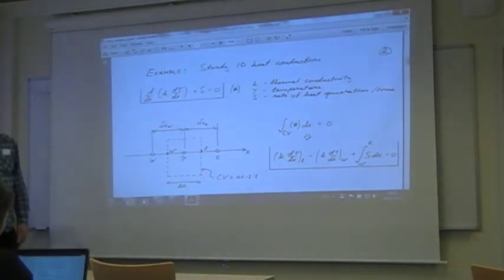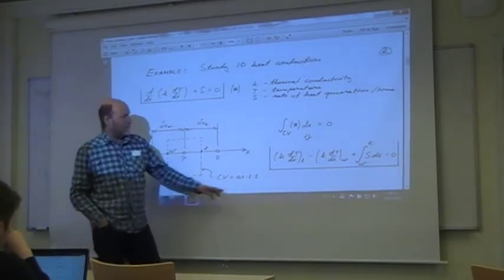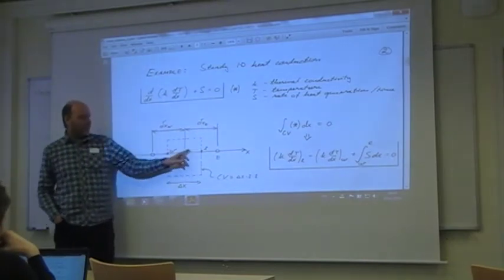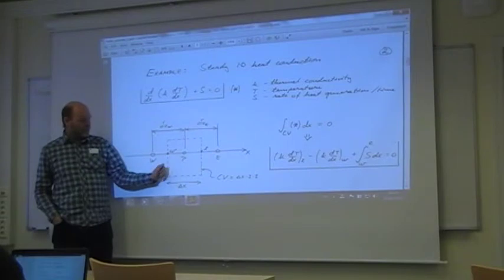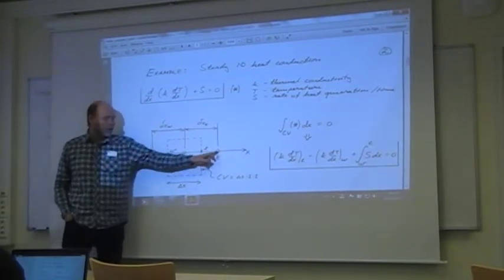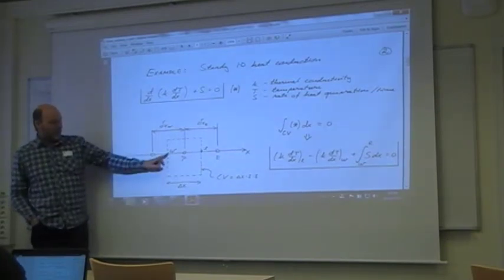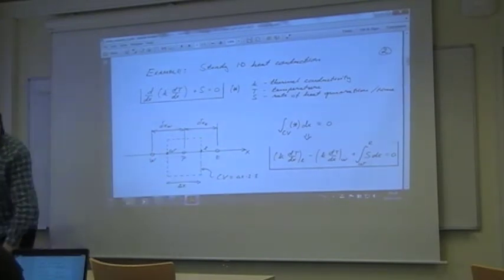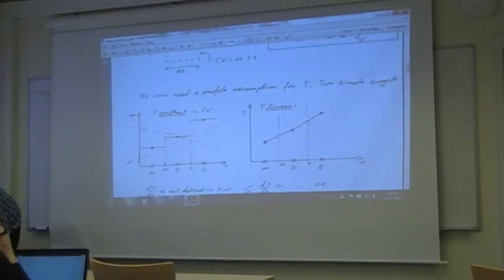So now the question is, how do you deal with the quantities that you are seeking on the faces here? We only have values for our trial solution, you might say, on the nodal points, west, east, and the center. So how can we evaluate these terms on the cell faces?